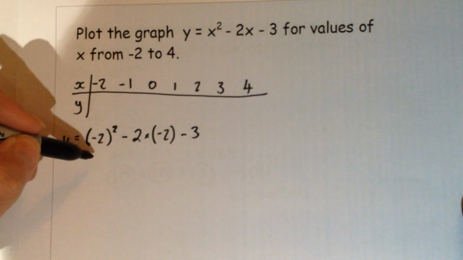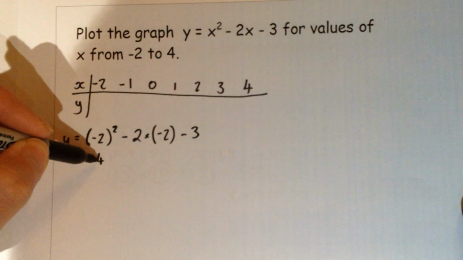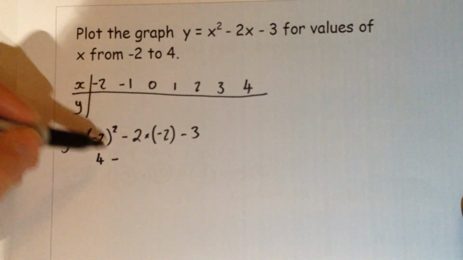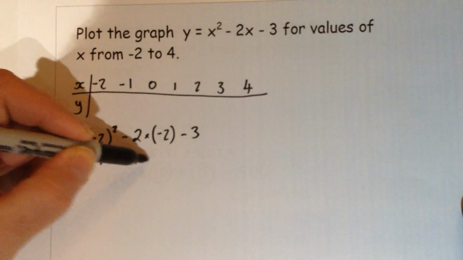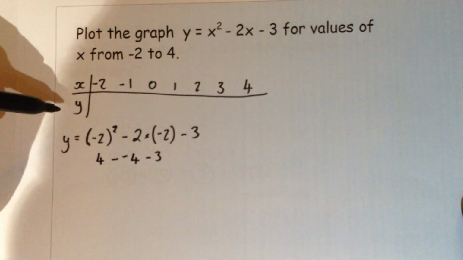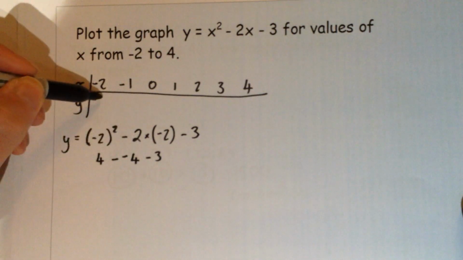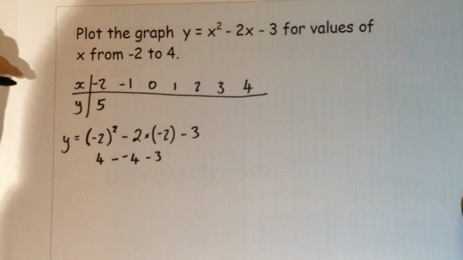If you're doing this without a calculator, that would mean that we get 4, take away 2 times -2 is -4, take away 3, so that would actually give us 4 plus 4 minus 3, so 5.